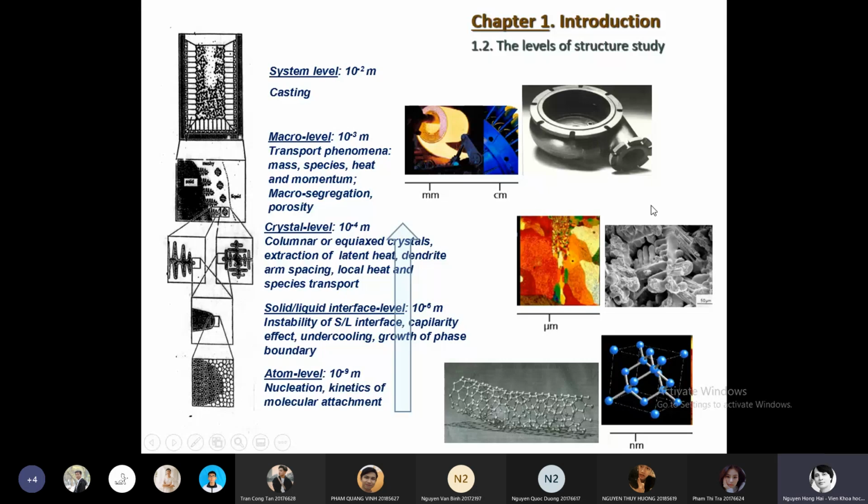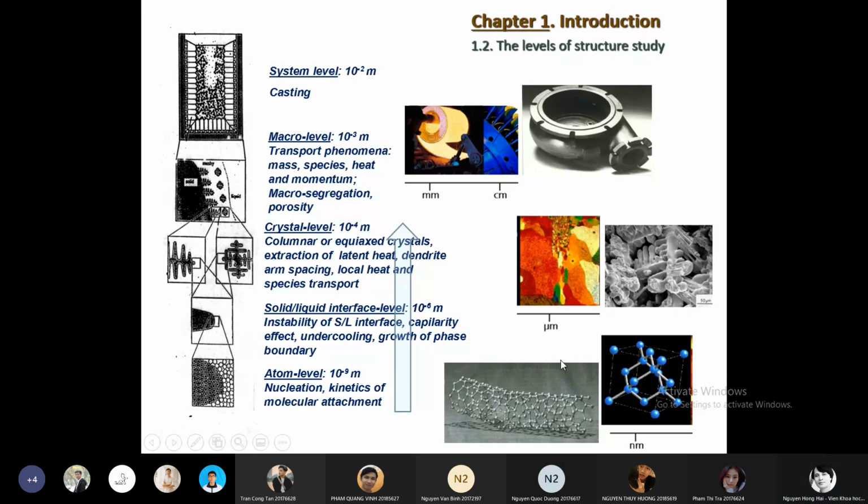For simplicity, we can distinguish only three levels instead of five: system, micrometer, and nanometer. If we distinguish only three levels, we will come only to the bottom.